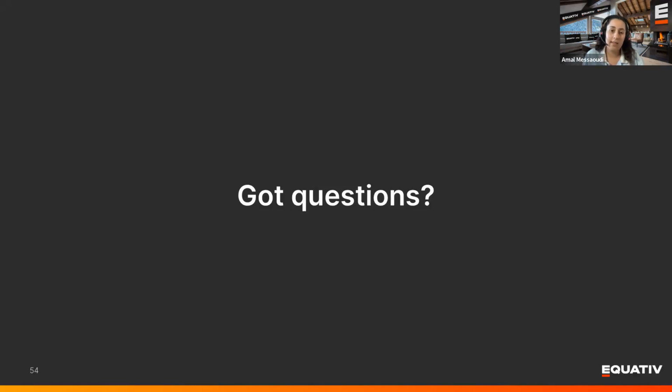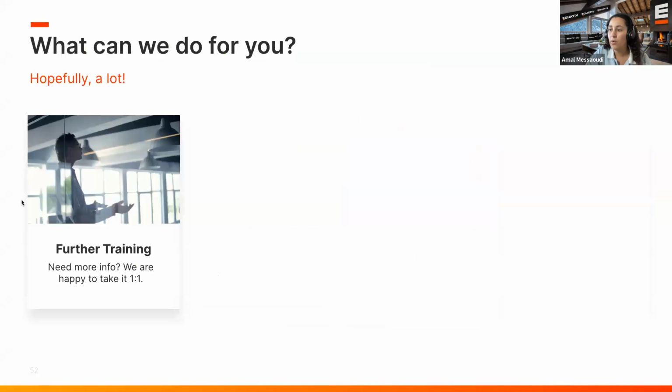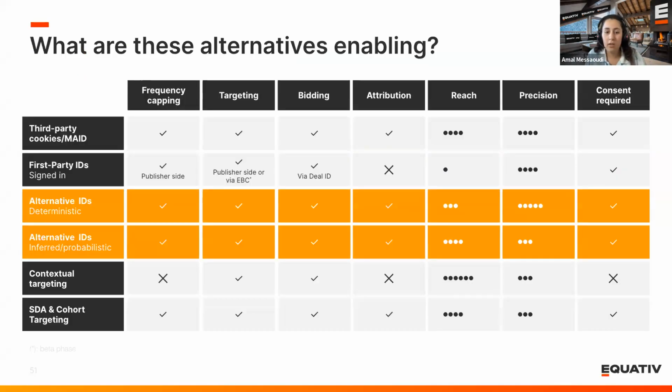The main one that is already used is, I would say, contextual targeting, but most of the solutions that we presented, as you could see, required consented data. So the only one that can be applied on users that did not opt in would be contextual.